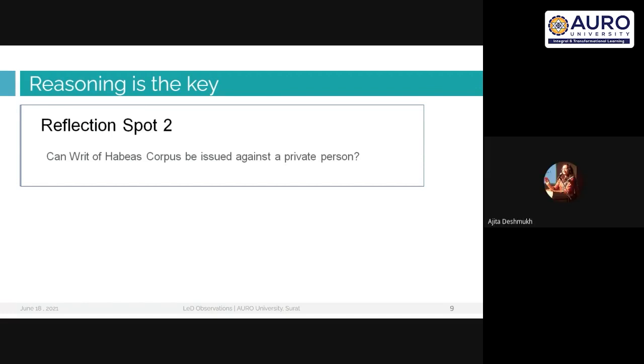I just wanted to say that when we have anything linked to memory, memory is a very funny thing. Learners will try to remember and recollect whatever is there in their memory.